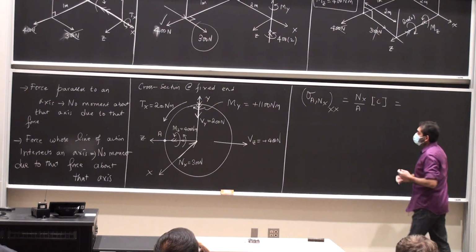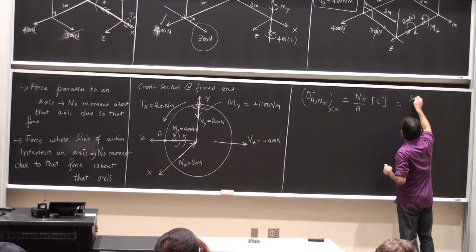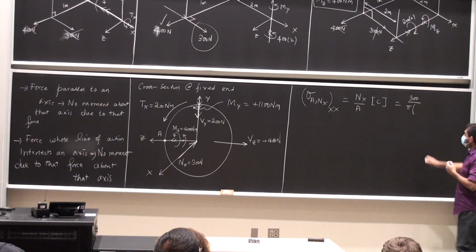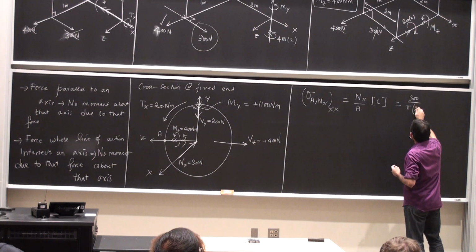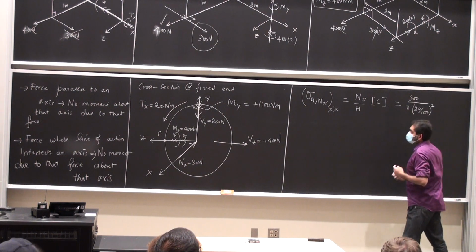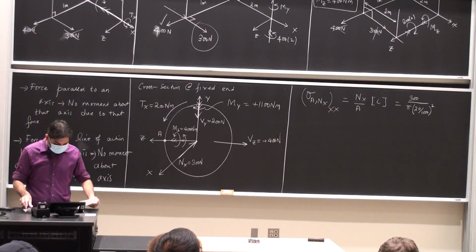Nx we have obtained to be 300 newtons. So this is 300 divided by the area. Okay, so this is pi times r squared, so 20 by 1000 whole squared. And this value I had obtained as the following.